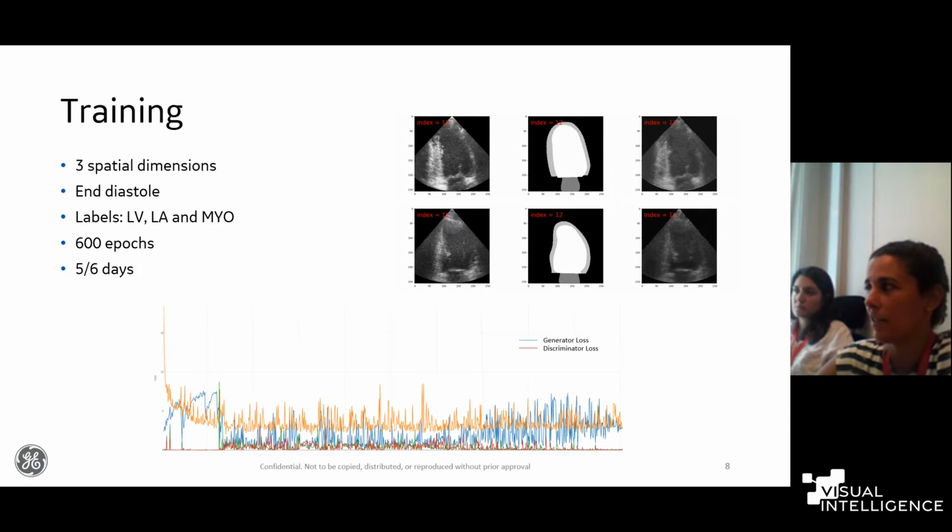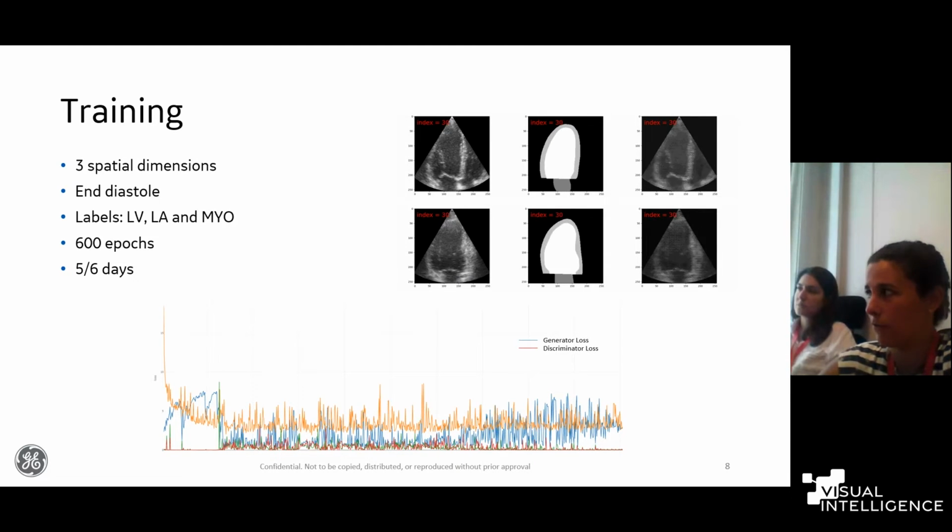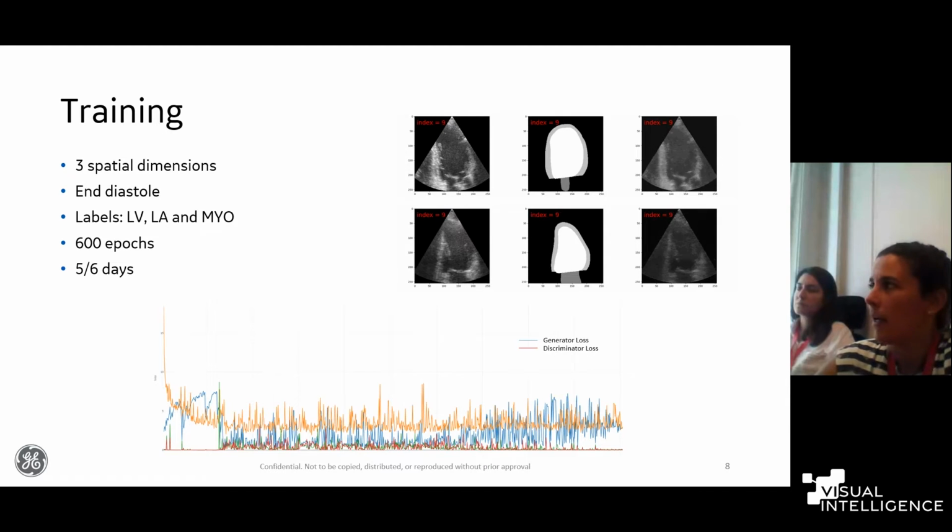So it's not 2D plus time. All the volumes were acquired during end diastole, so it's a fixed point in time. And the 3 dimensions that I'm trying to predict, or to generate, are just spatial dimensions.